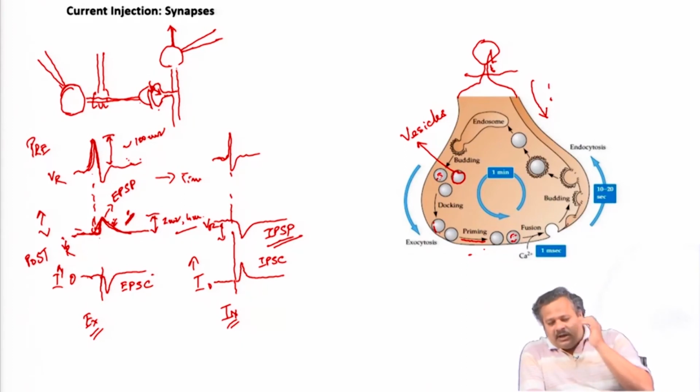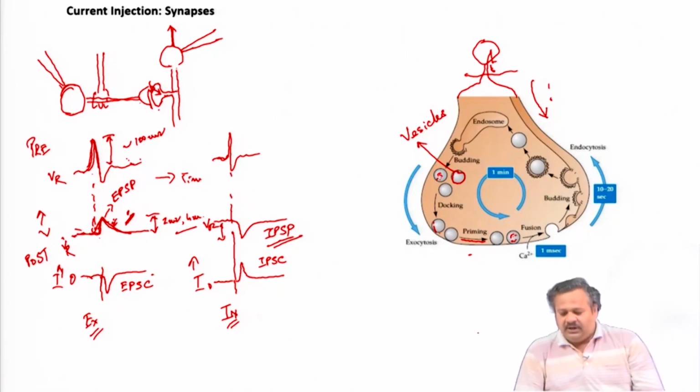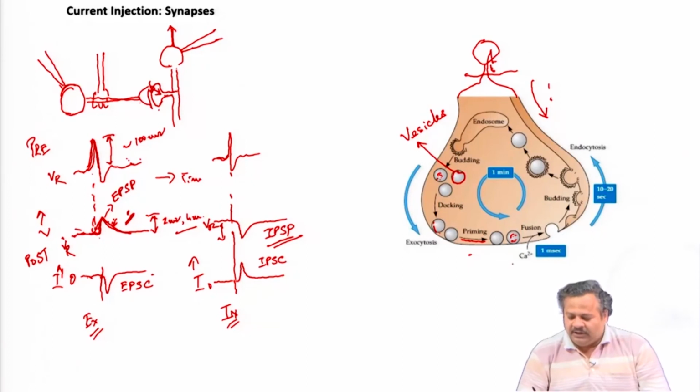soma or the axon hillock and travel through the axon, and finally the membrane potential depolarization equivalent to the action potential occurs in the presynaptic terminal, in the axon terminal, and that voltage change, that depolarization due to the action potential, causes voltage gated calcium channels that are present on the presynaptic side to open.